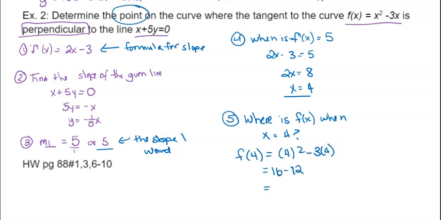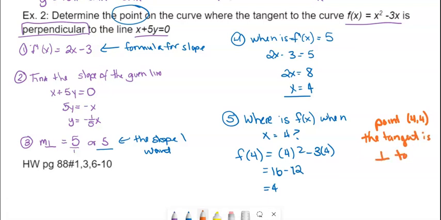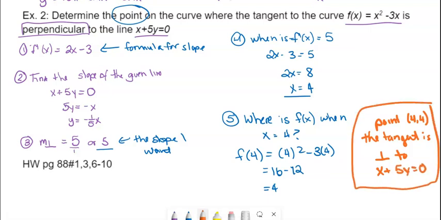So now I know that this is happening at the point (4, 4). At the point (4, 4), the tangent is perpendicular to that line, x plus 5y equals 0. So that's my final answer.